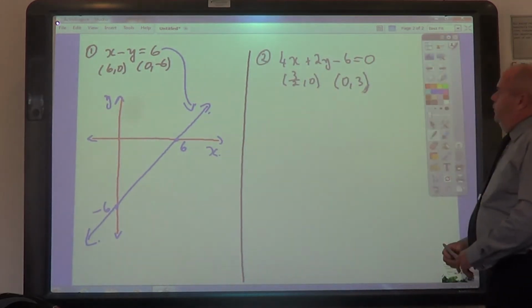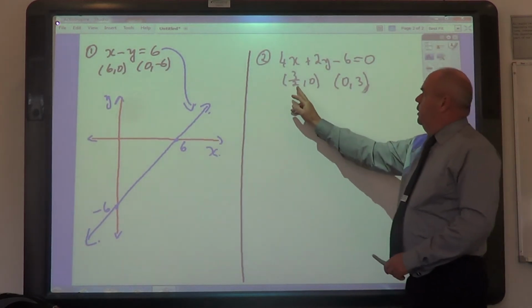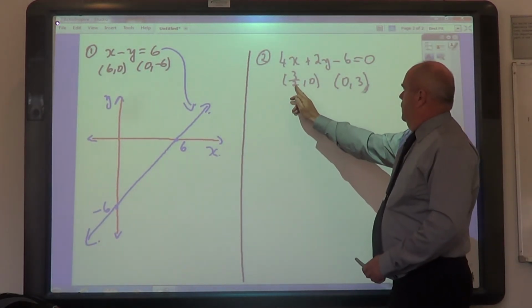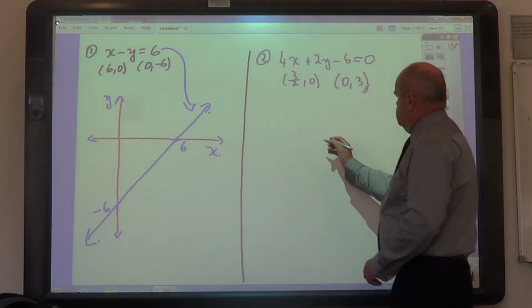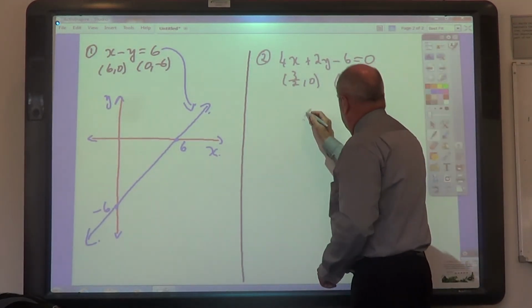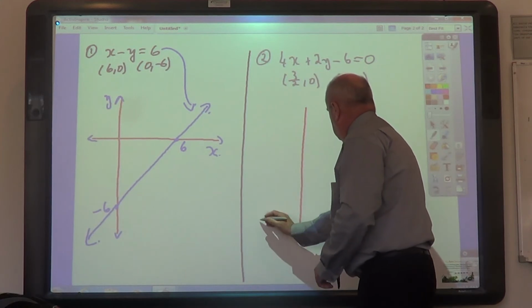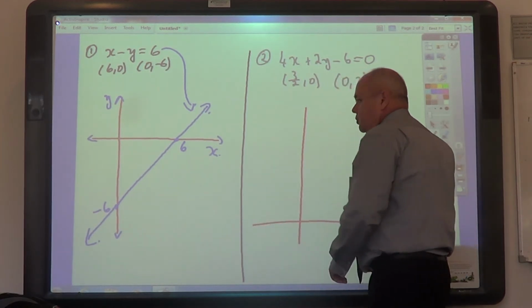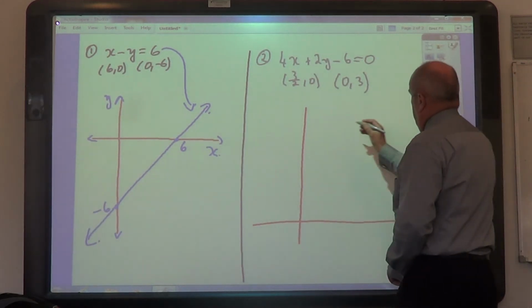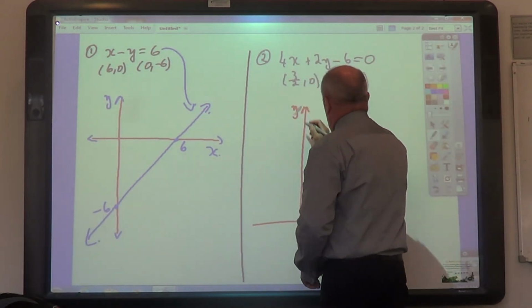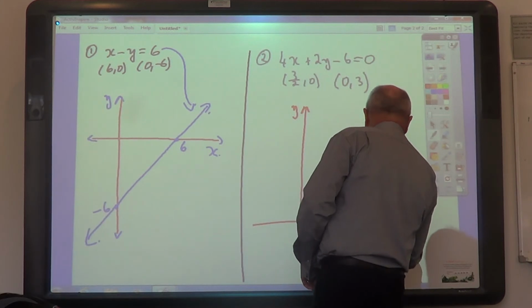Okay, so I'm noting here that the y-intercept's positive, the x-intercept's also positive, and they're not huge numbers, so I might just bias my number plane to the quadrants where both x and y are positive, so the first quadrant, and put in my arrows and label it before I forget.